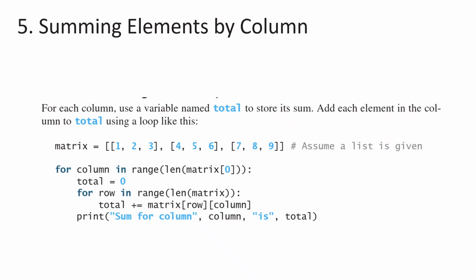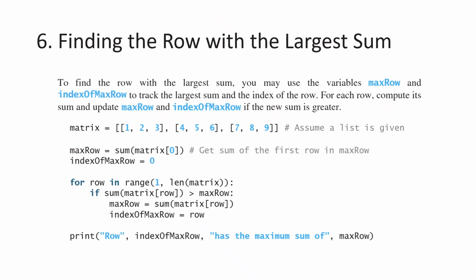column is total. Finding the row with the largest sum. To find the row with the largest sum, you may use the variables maxRow and indexOfMaxRow to track the largest sum and the index of the row.